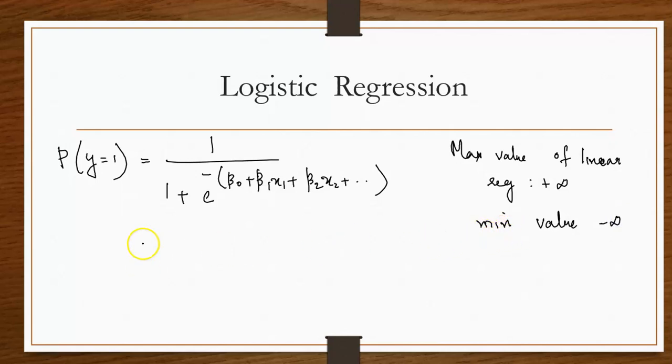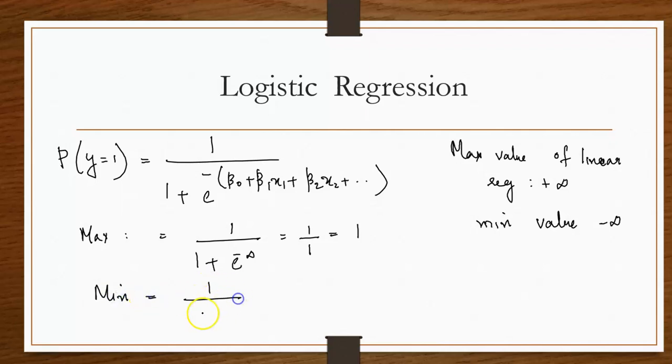If we plug in the maximum value, we get 1 over 1 plus e to the power negative infinity, which is 1 over 1, equal to 1. And for the minimum value, we get 1 over 1 plus e to the power positive infinity, so it's 1 over infinity, which is equal to 0. So the maximum value of this probability function is 1 and the minimum value is 0.